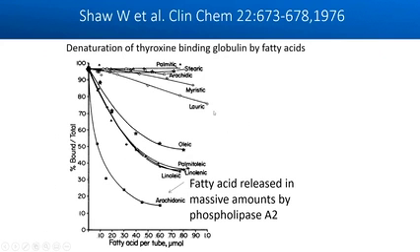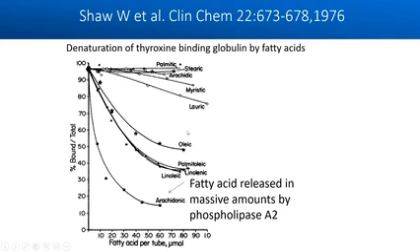And when I first discovered this phenomenon that was causing the breakdown of a protein that binds thyroid hormone, what I found is that each of these fatty acids has a different detergent potency. So saturated fat had almost no detergent ability, but arachidonic acid, one of the largest unsaturated fatty acids, was the most potent biological detergent.